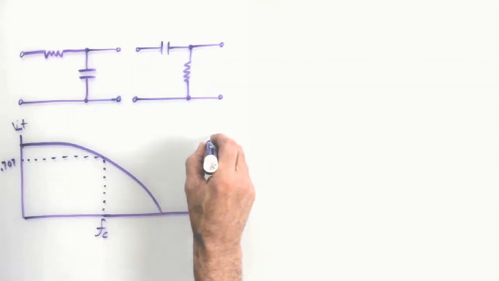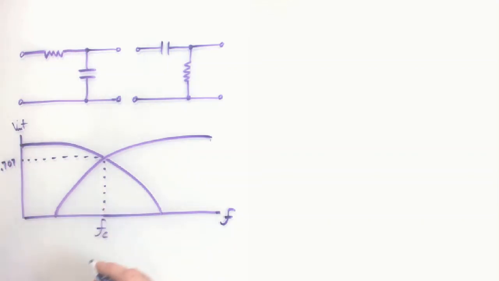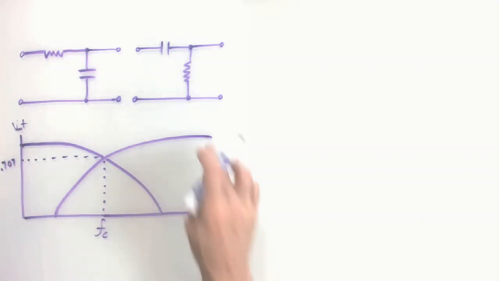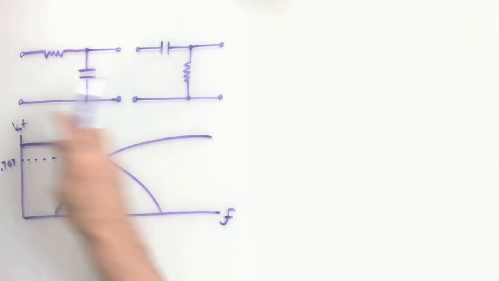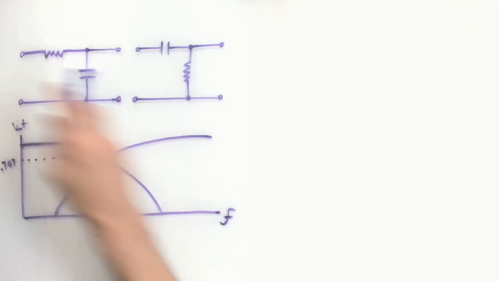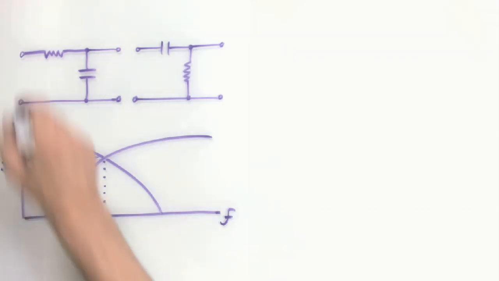So let's draw that in, and we'll see. We'll pick the same cutoff frequency, and that would occur if we have the same values for these caps and for these resistors. And for this exercise, I think we'll just keep the same values that we used previously. It gives us an easy way to compare things.